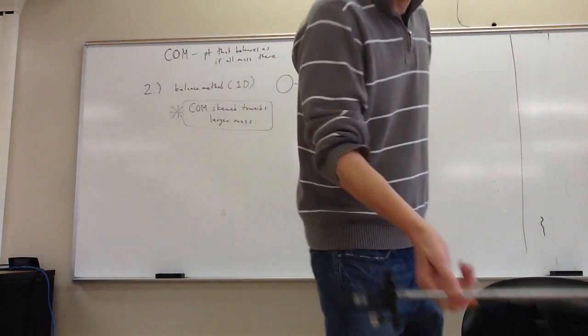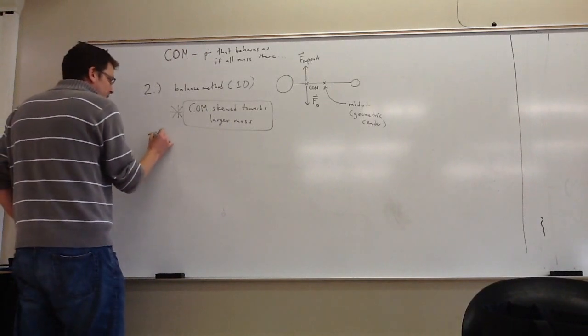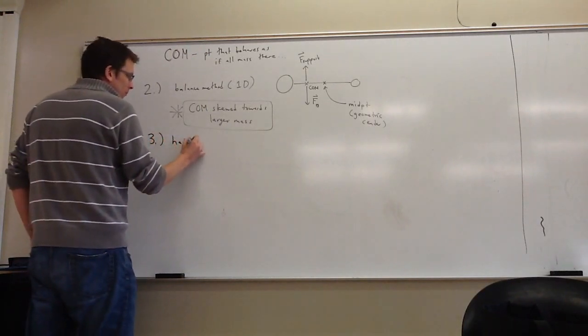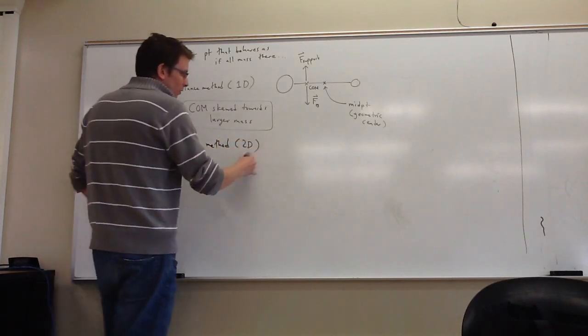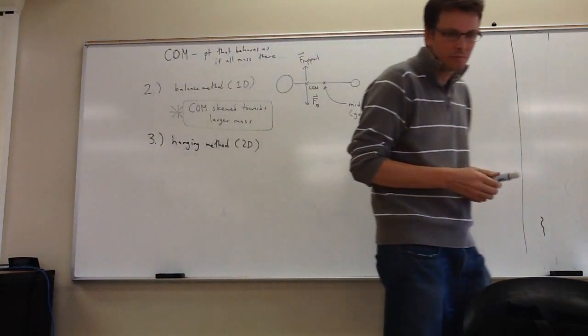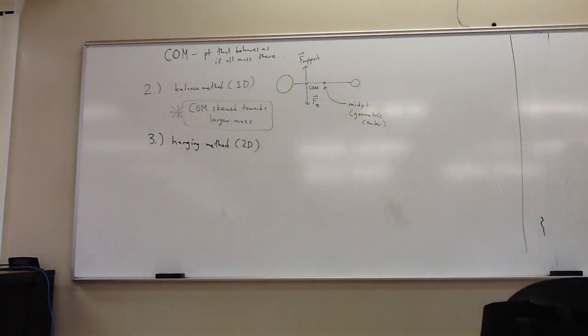So the next method is called the hanging method. That's basically a two-dimensional equivalent. So let me show you how this works with some two-dimensional objects. Here's an example.